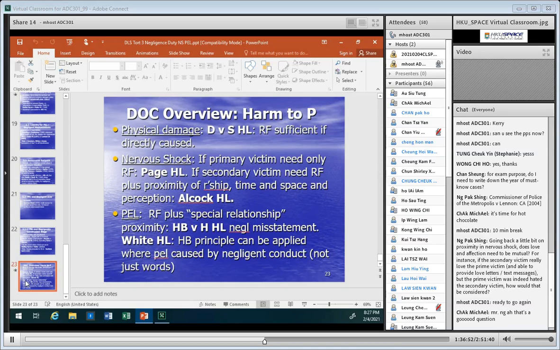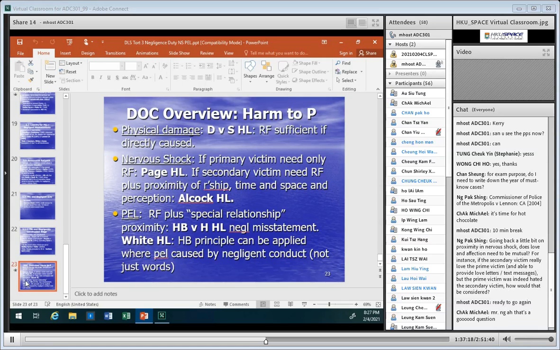And then distinguish between a primary victim and a secondary victim. Page and Smith is your second must-know case on nervous shock. Primary victim, remember, one who is either physically injured and then suffers nervous shock, or is in the line of impact, in fear of his own safety. You're a primary victim. You only need to show reasonable foreseeability, Page and Smith.